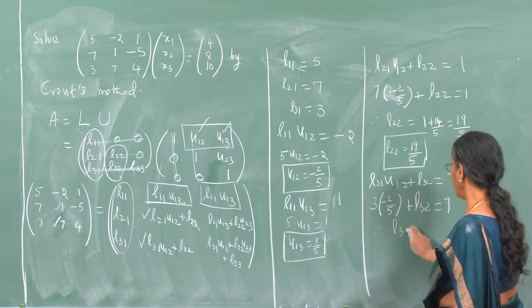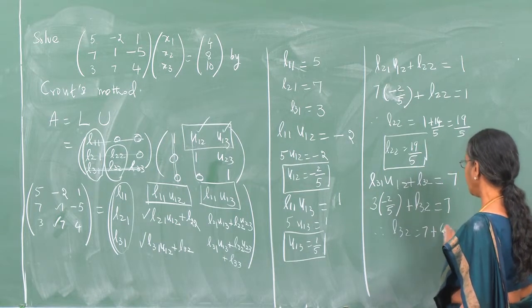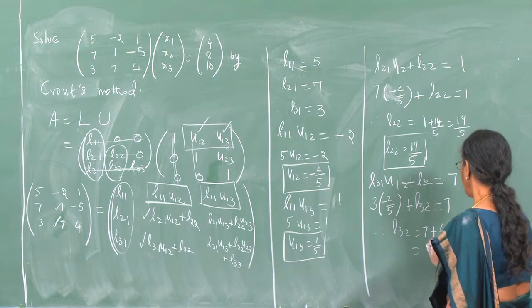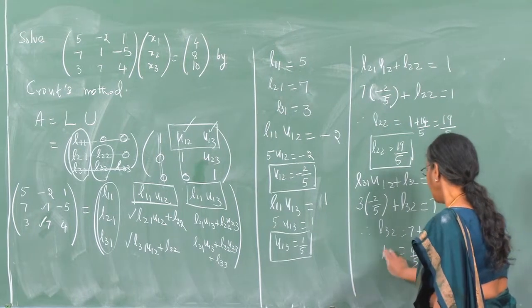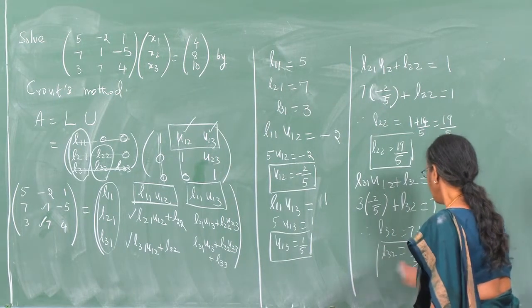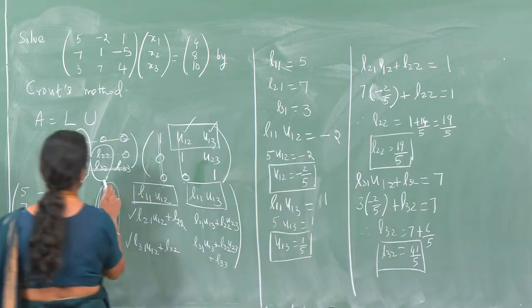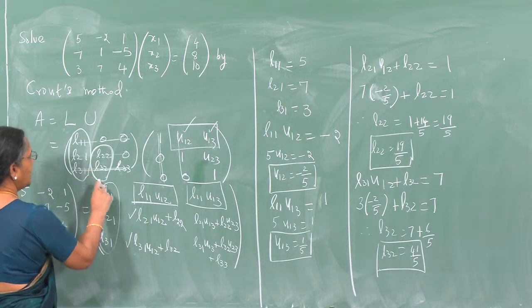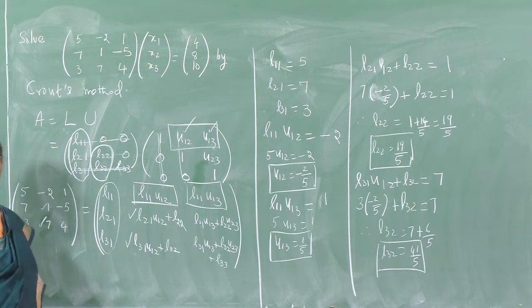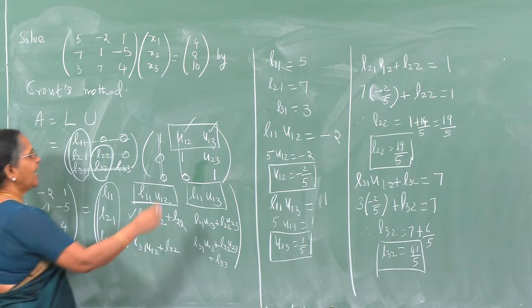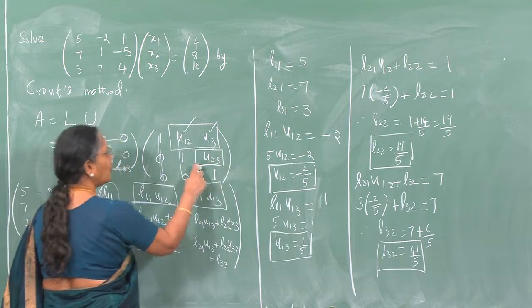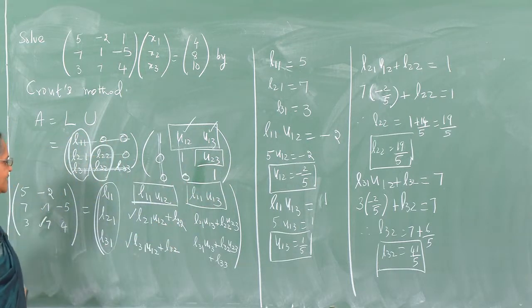So, that gives you L32 to be 7 plus 6 by 5, so 41 by 5. So, we have determined the unknowns in the second column of the lower triangular matrix. So, we move to the unknowns in the second row of the upper triangular matrix.